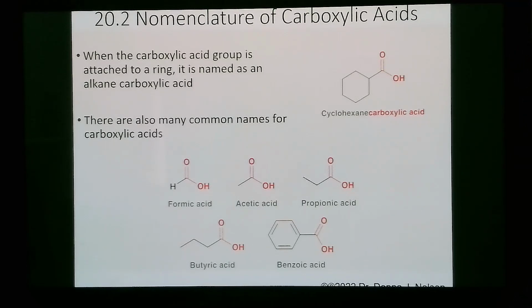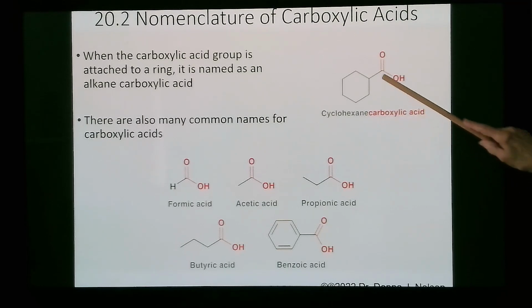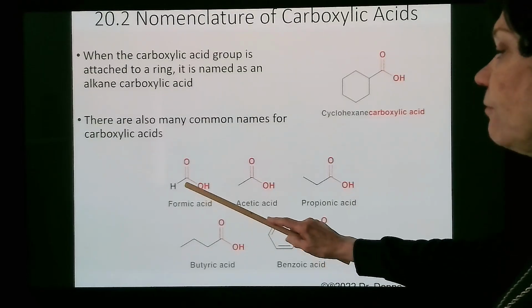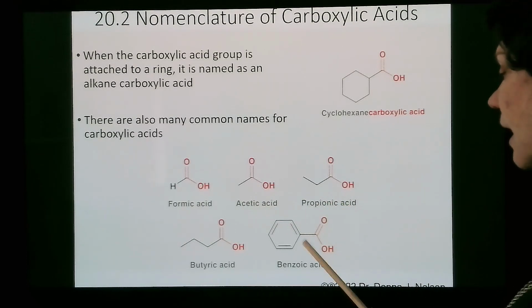When the carboxylic acid group is attached to a ring, it's named as the alkane carboxylic acid: cyclohexanecarboxylic acid. So here's the cyclohexane. And also there are a lot of common names: formic acid, acetic acid, propionic acid, butyric acid.